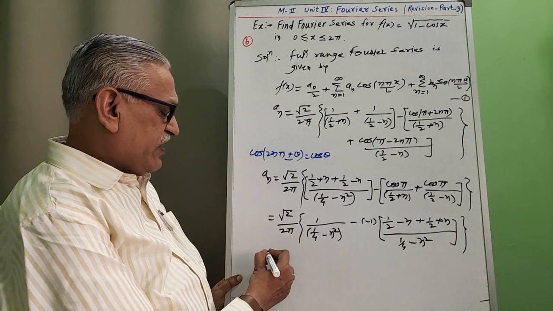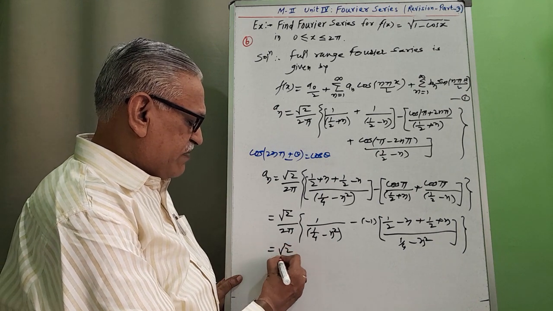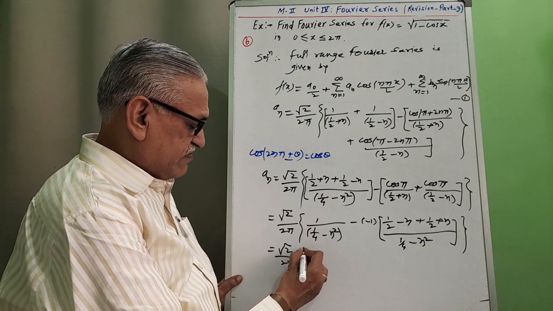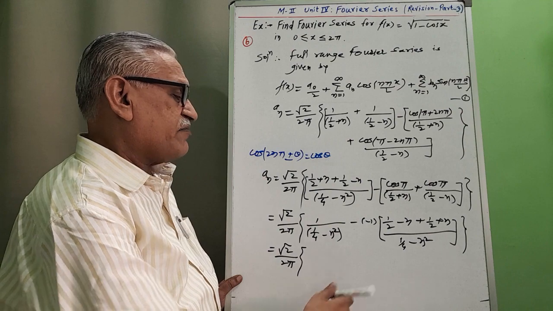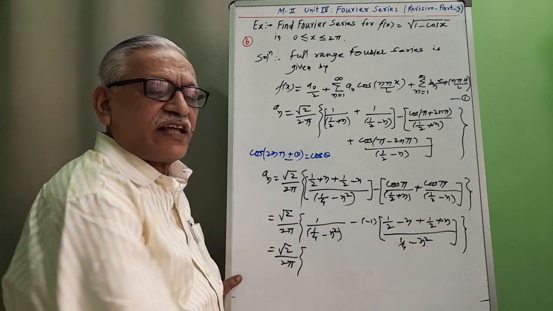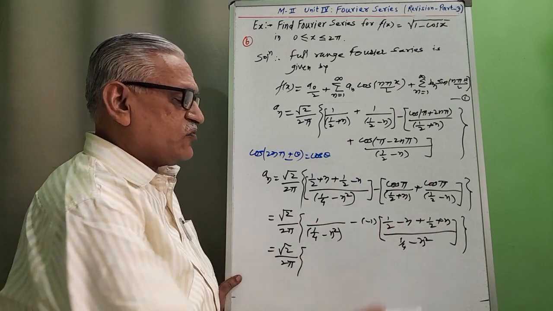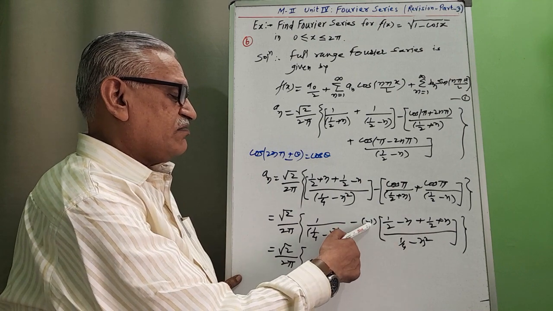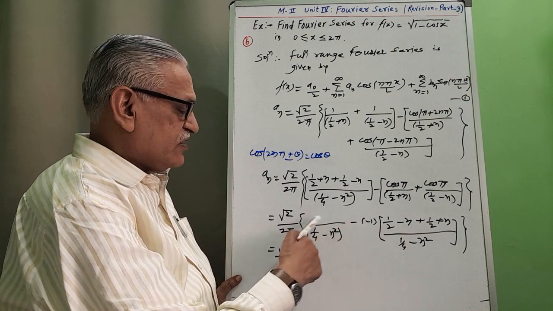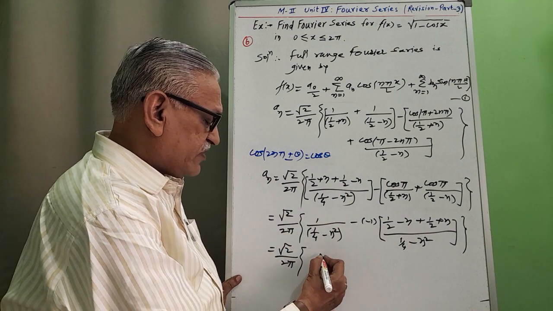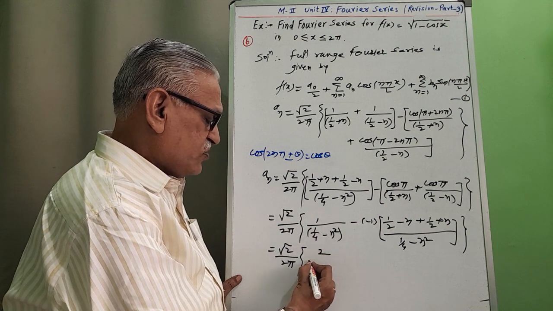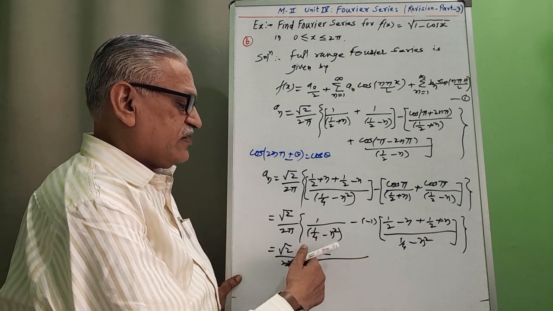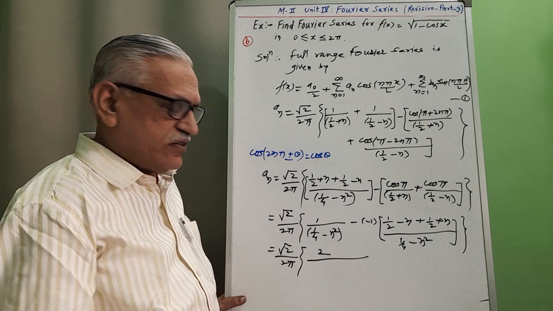And therefore we get root 2 divided by 2π. Again minus n plus n gets cancelled. 1/2 plus 1/2 we get 1. Minus minus becomes plus. Therefore it is 1 plus 1, we get 2 divided by the same denominator.